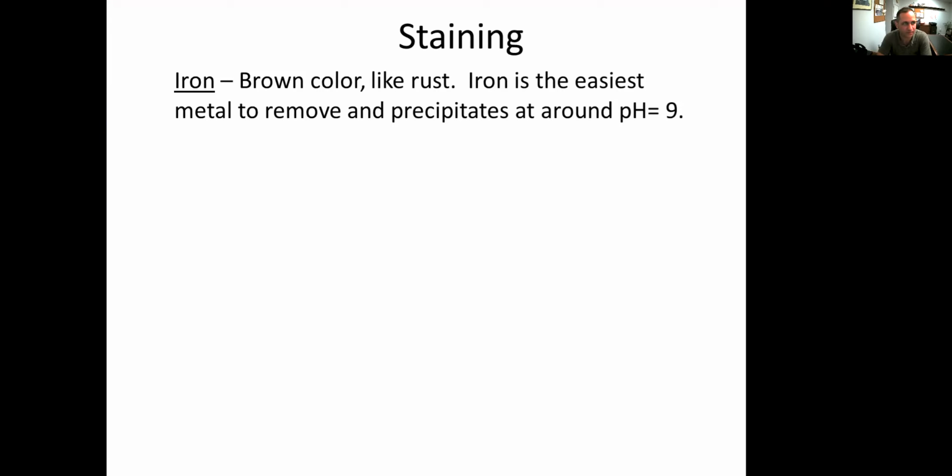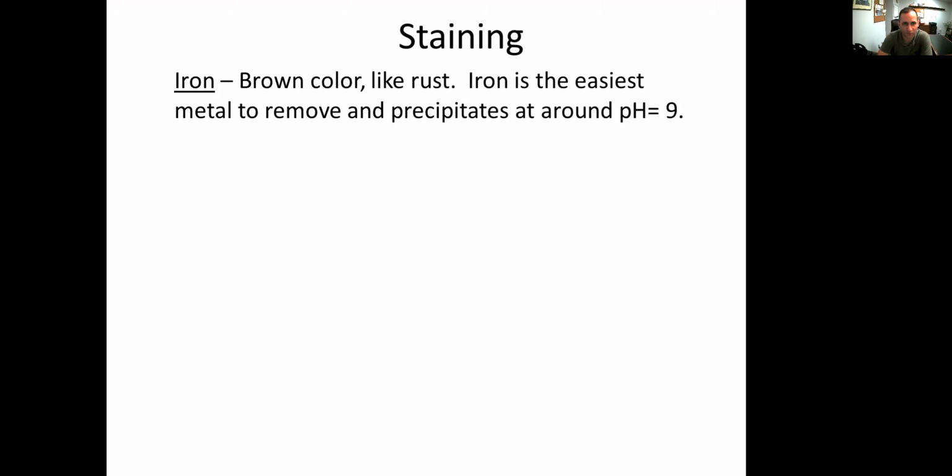So now I guess I'll talk about staining a little bit. That's another common problem people seem to have: stains. Plaster and liner pools both get stains. Iron stain is one of the easiest things to remove.